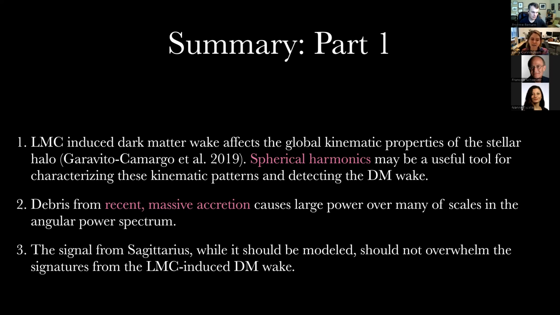We found that debris from recent massive accretion events can cause large power in the angular power spectrum over many scales, including relatively large spatial scales, which means low order spherical harmonics. But when we did some analysis using models of Sagittarius, we found that while we feel it should be modeled if you're going to make this calculation, it should not overwhelm the signatures from the LMC-induced dark matter wake.